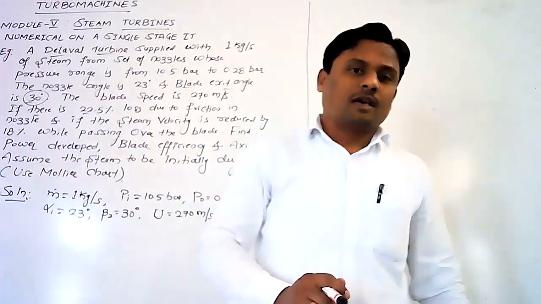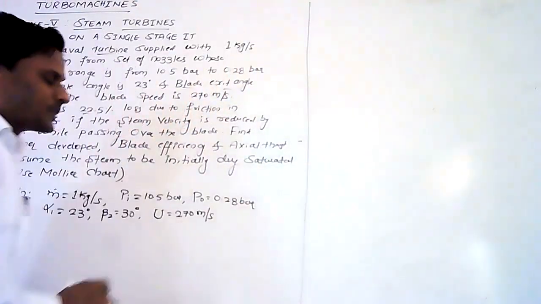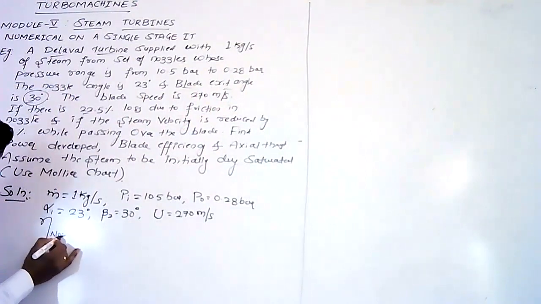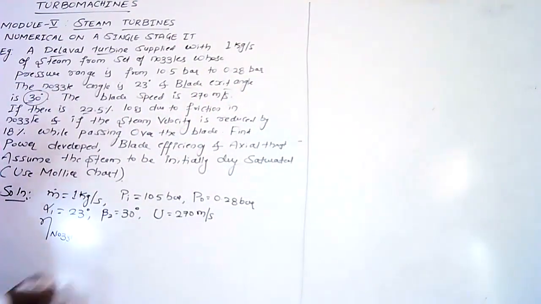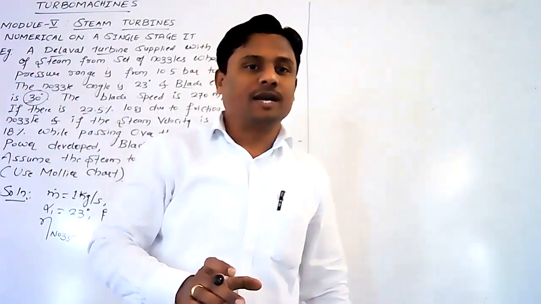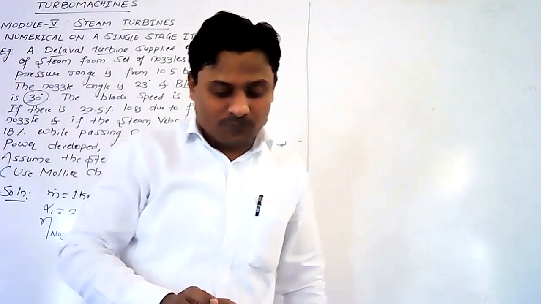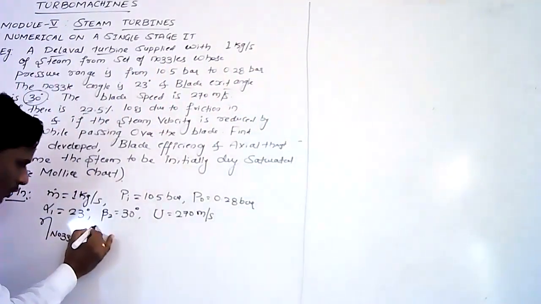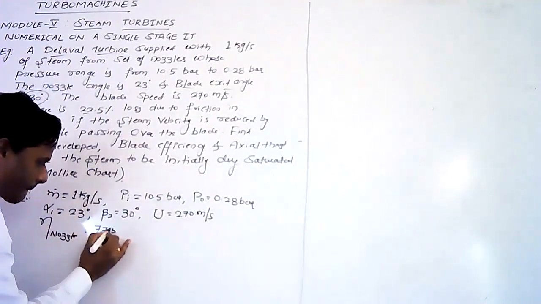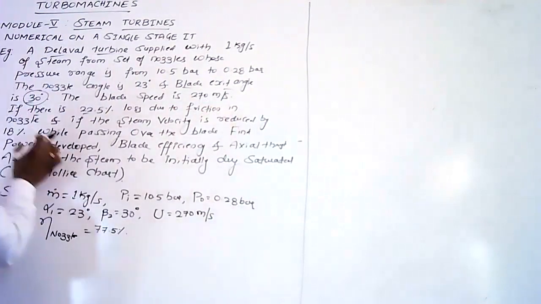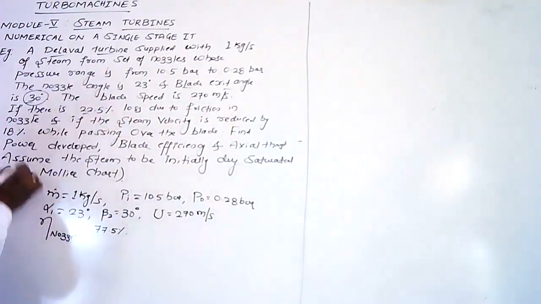So if we consider the losses, then the efficiency of the nozzle is 100% minus the losses. 100 minus 22.5 is 77.5%. So 77.5% is the nozzle efficiency. The loss due to friction is 22.5%.